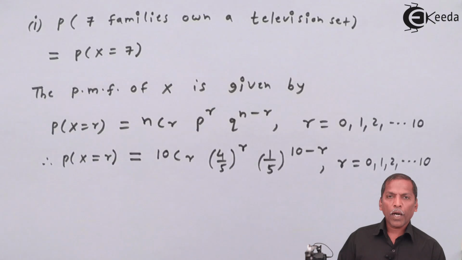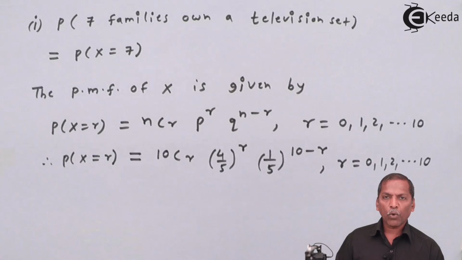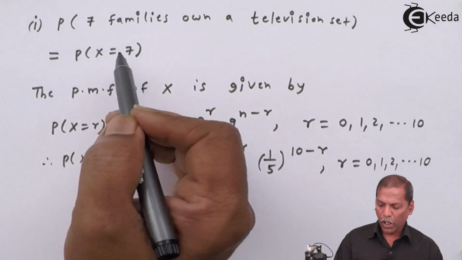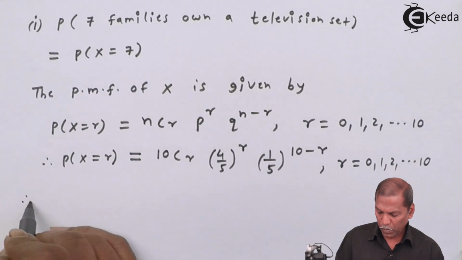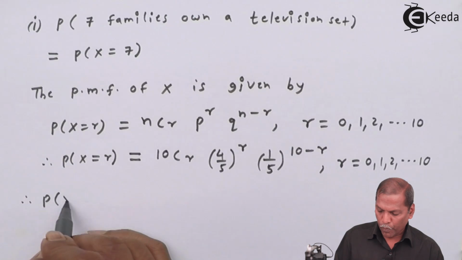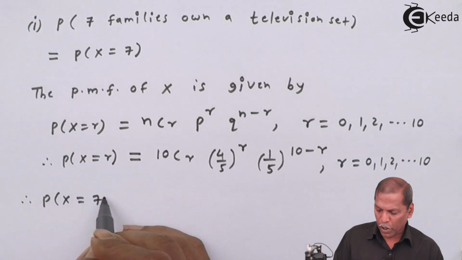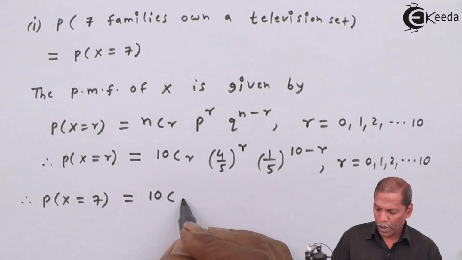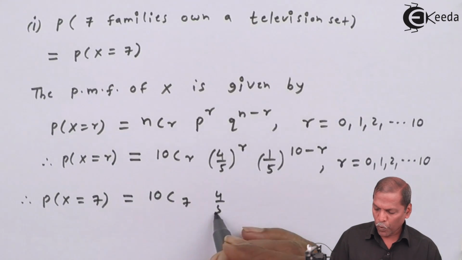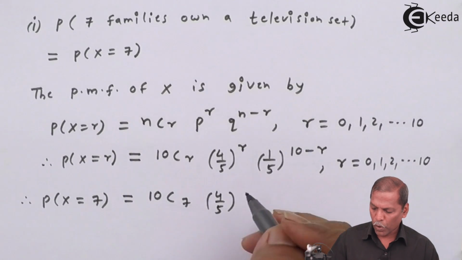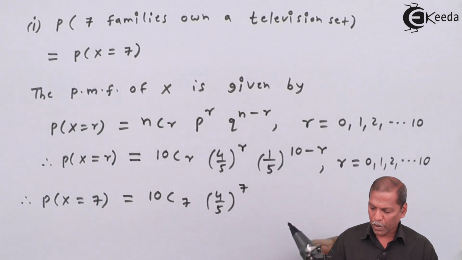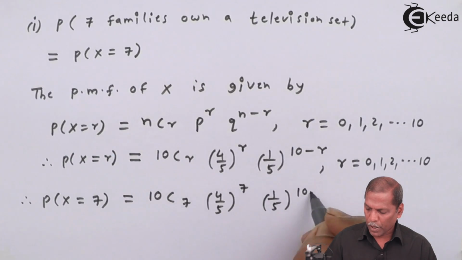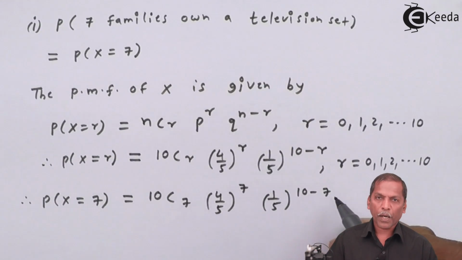Now in this formula we put r equal to 7, so we get probability X equal to 7 is equal to 10C7 into 4 upon 5 whole bracket raise 7 and 1 upon 5 raise 10 minus 7.